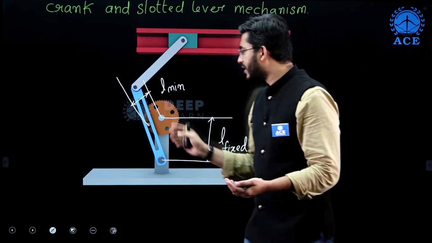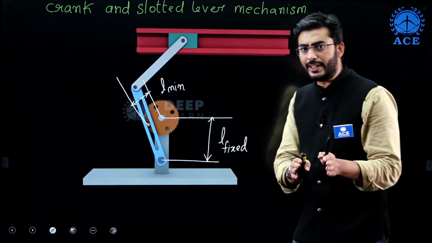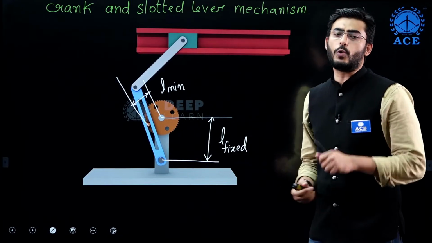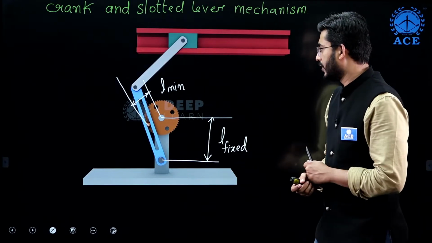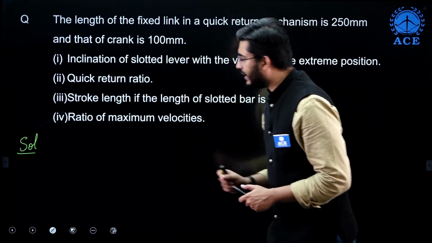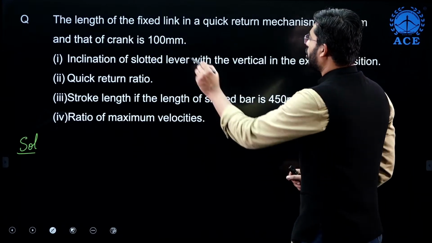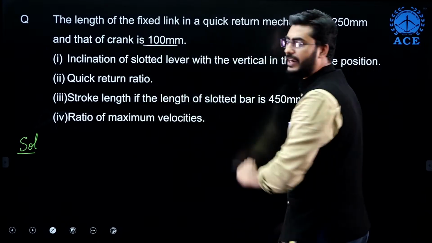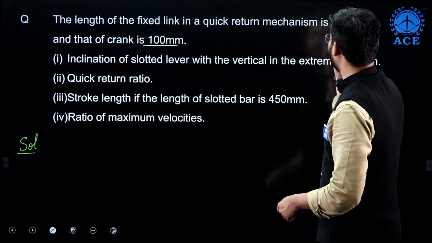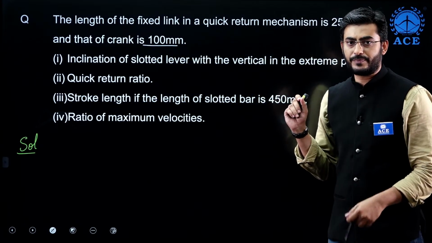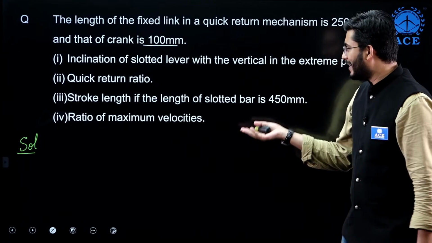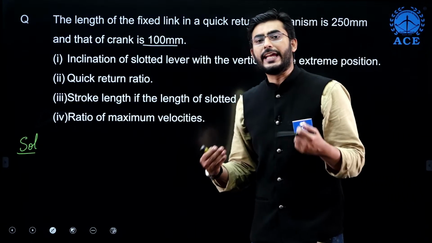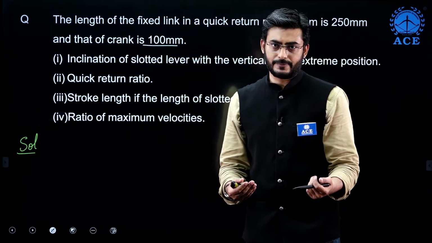So the slotted bar is going to oscillate, and definitely the cutting tool is also going to oscillate. Now if we recall the data, the length of the crank is 100 mm and the length of the fixed link is 250 mm, which means that this is definitely a crank slotted lever mechanism.